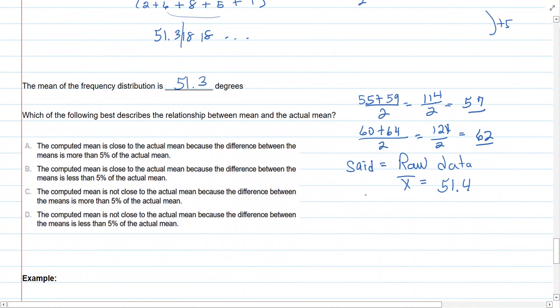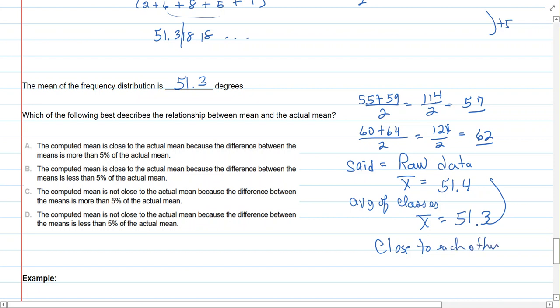And from our average of classes, our mean is 51 and 3/10. So they are close. So let's see which one suits us as an appropriate answer.